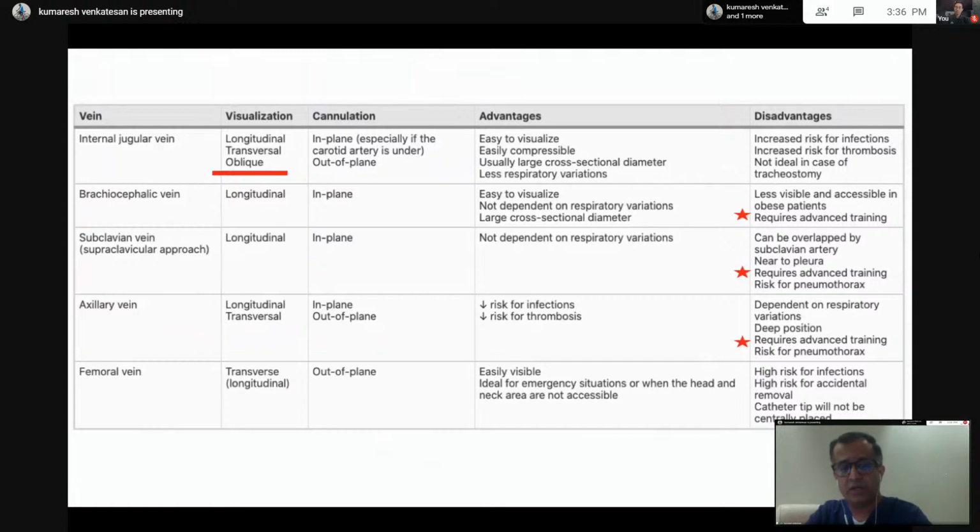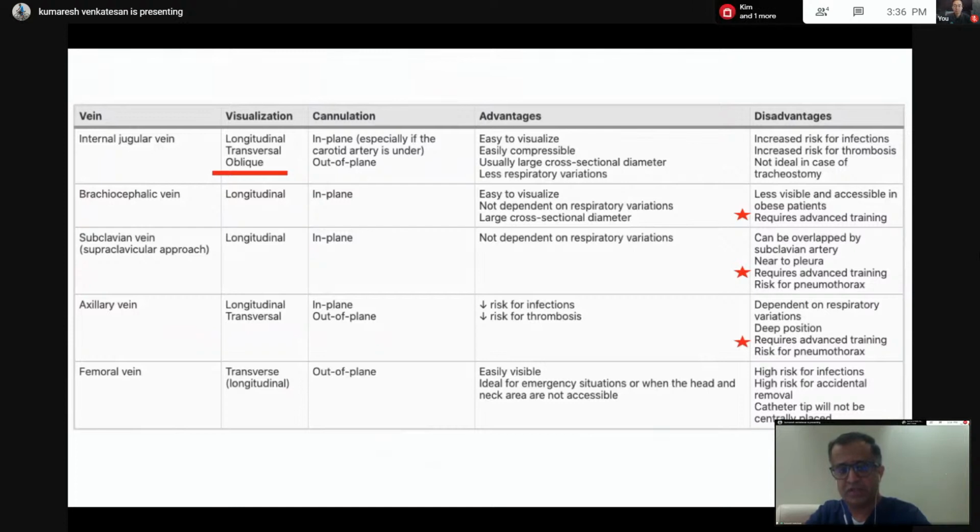Subclavian, again, the long axis is recommended, long axis in plane. Axillary vein, you can do either short axis or the long axis, again in plane or out of plane technique. Femoral vein, usually the transverse or the short axis view with out of plane technique.